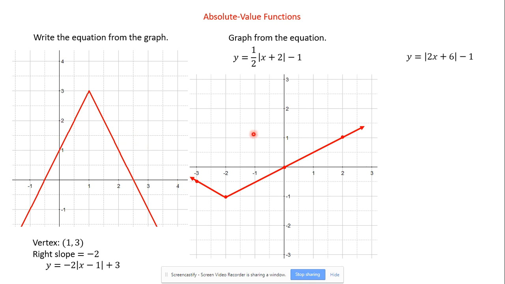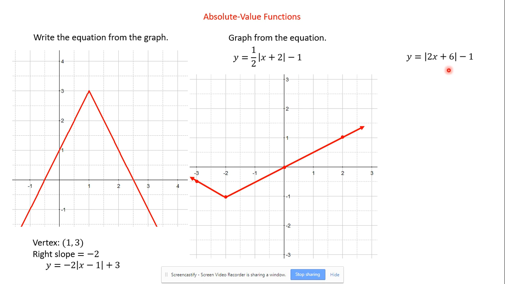And now we can graph another one from an equation. And here's where I put the horizontal stretch and compression in, because we don't use that. When we look at this, what is the vertex here? If you said -6, -1, that is not correct. No, it's not +6 either.